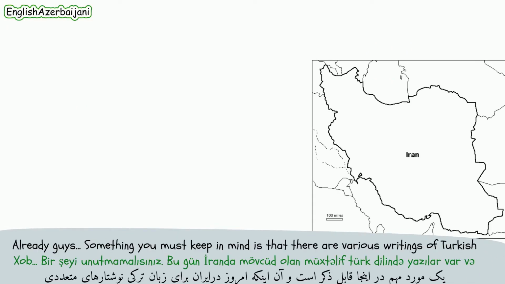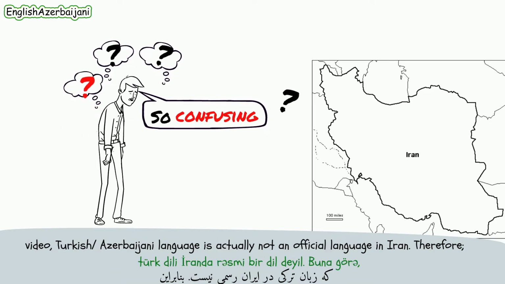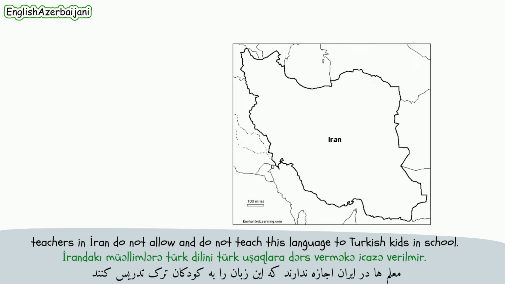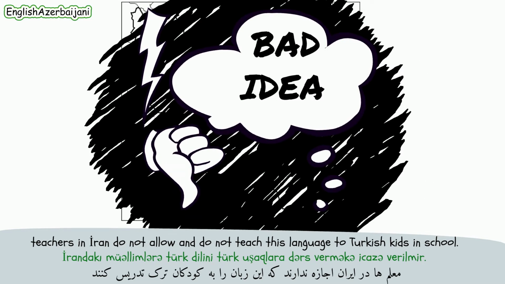Alrighty guys, something that you must keep in mind is that there are various writings of Turkish language that exist in Iran today. With that being said, and also previously stated in my first video, Turkish and Azerbaijani language is actually not an official language in Iran. Therefore, the teachers in Iran do not allow and do not teach this language to Turkish kids in school.